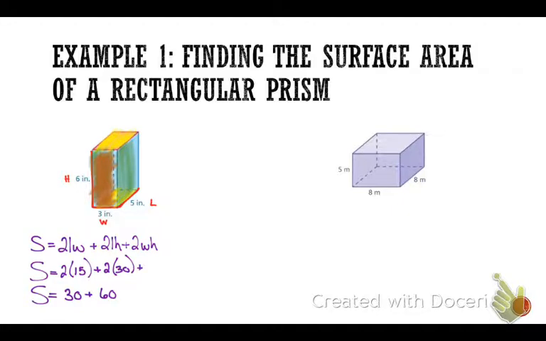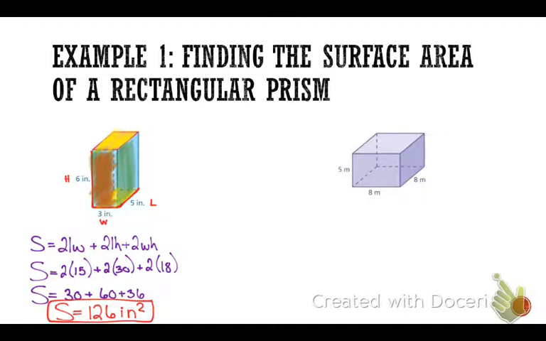And then if it's the front face, it's also the back face. So 2 times 18 is 36. So now I found all the sides. 2, 4, 6 sides here. Okay? And 30 plus 60 plus 36 gives me the surface area of the rectangular prism.